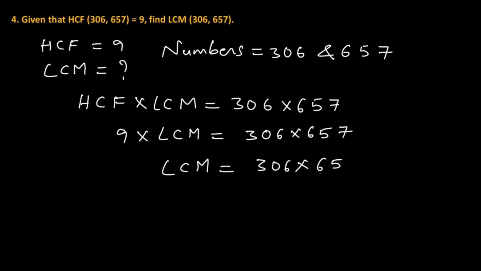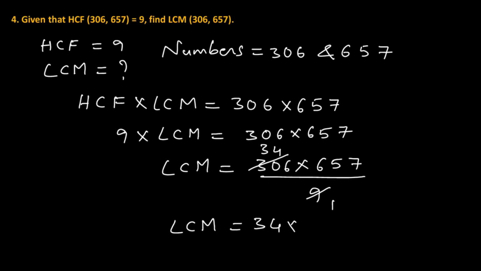I hope you all know the basics. 306 into 657 divided by 9. So 9 ones are 9, 9 threes are 27, 9 fours are 36. So LCM will be 34 into 657. After doing the multiplication, you will get the answer as 22,338. Let's go to the next question.